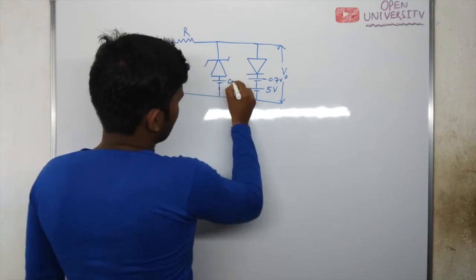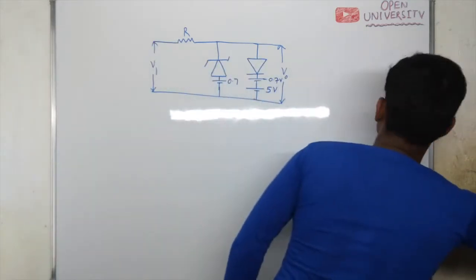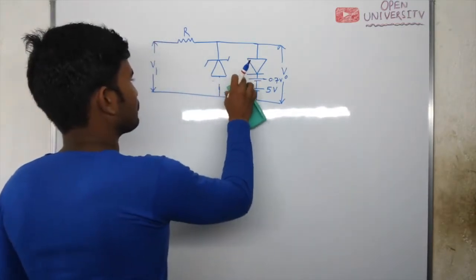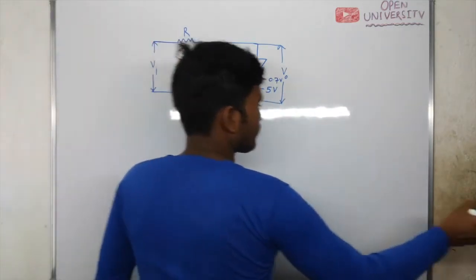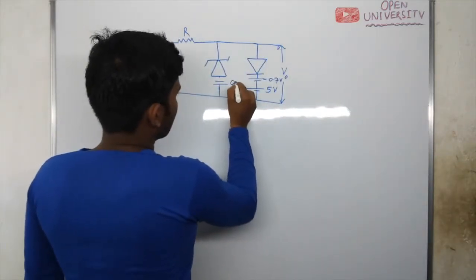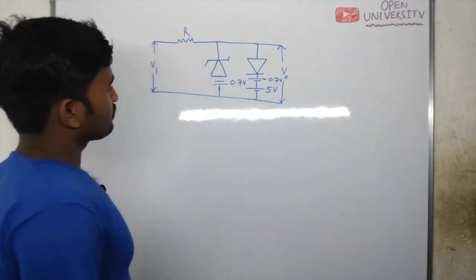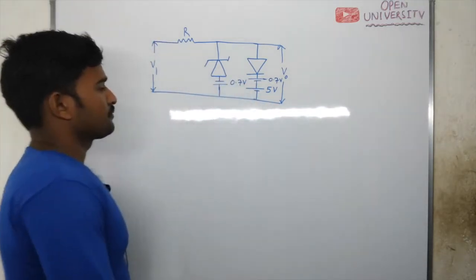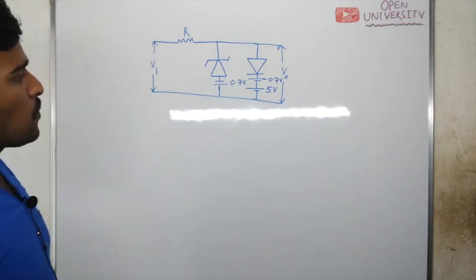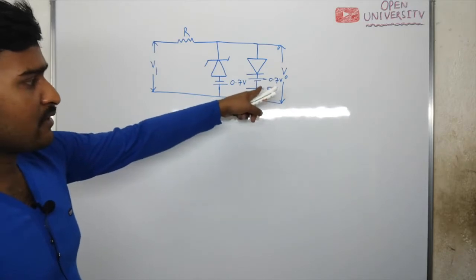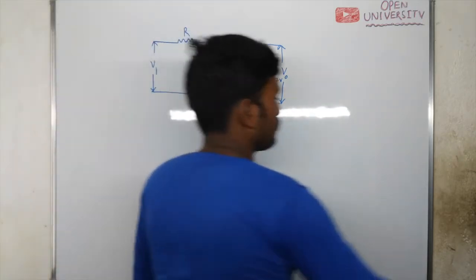Here also, here also 0.7 volt. Okay, so what is the net voltage here? 5.7 volt.